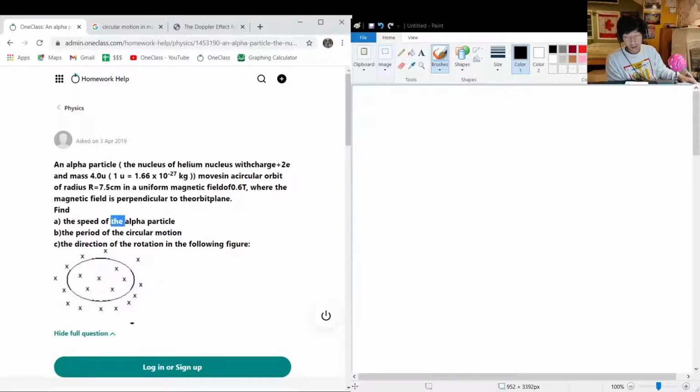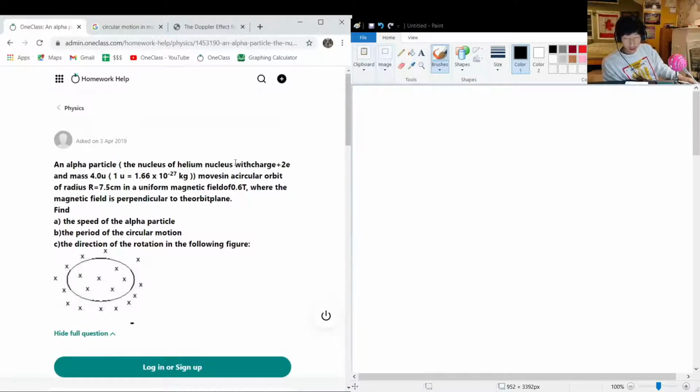Now we've got to find the speed of the alpha particle, the period of the circular motion of the particle, and the direction given this diagram. Now, this diagram is a little bit sketchy because it should be a perfect circle, but we'll just pretend that's a perfect circle. Okay, so the first thing that we want to do is extract all of the important information out of this question.